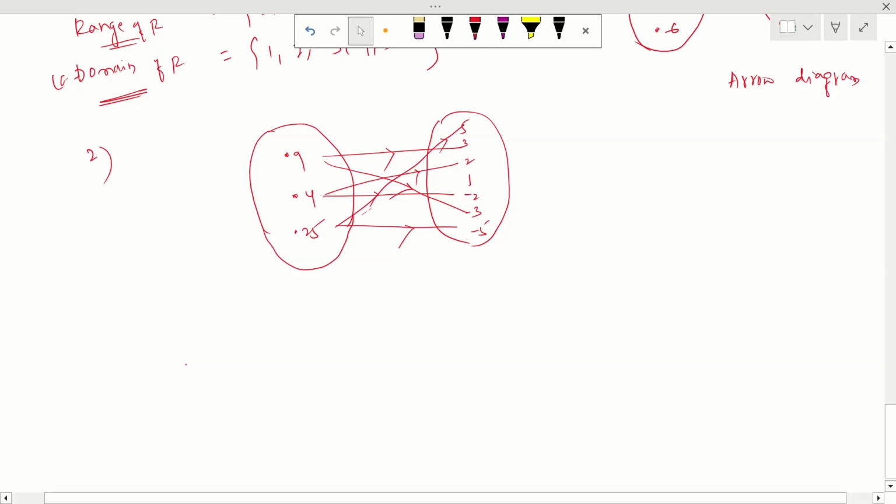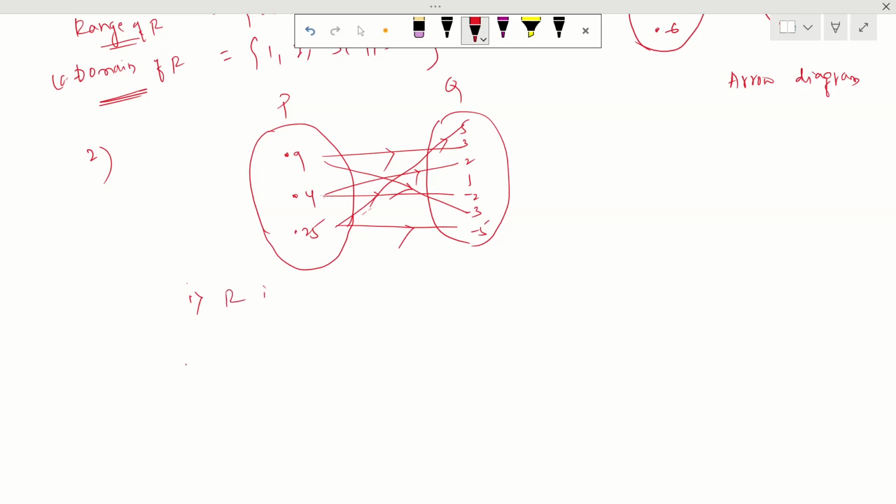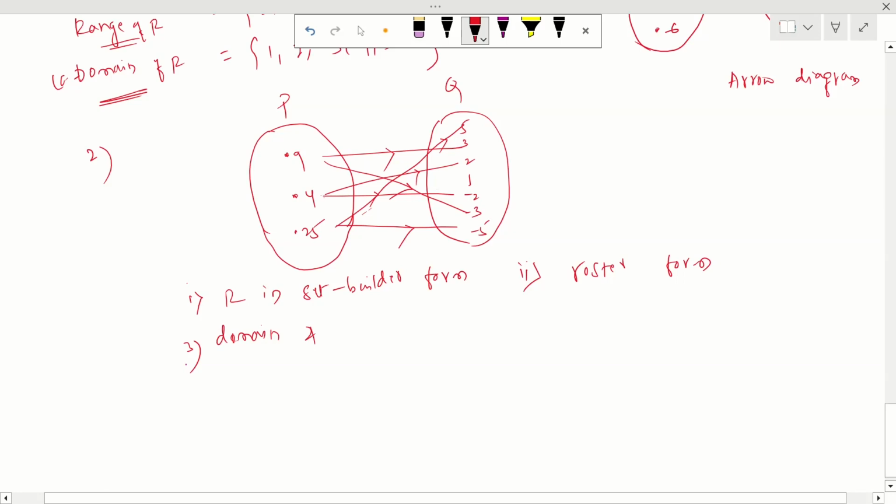These sets are called P and Q. Then we have to write the relation in set builder form, also in roster form. And third, we need to find the domain and range.